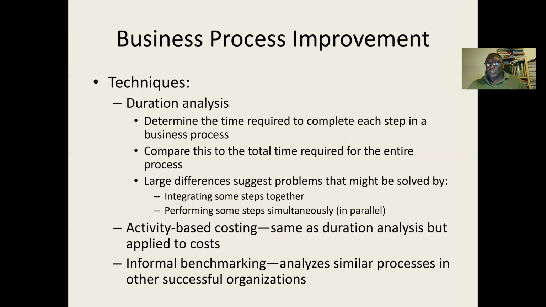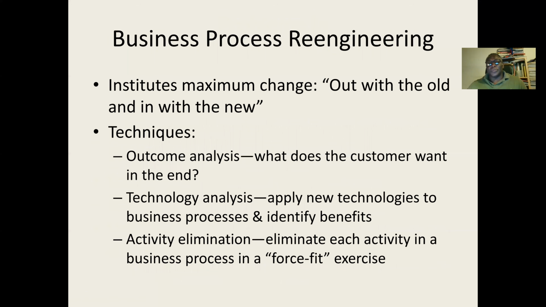We can also use activity-based costing, which is the same as duration analysis, but here we are applying cost to it. Then informal benchmarking, that's analyzing similar processes in other successful organizations. So we form a benchmark to follow.